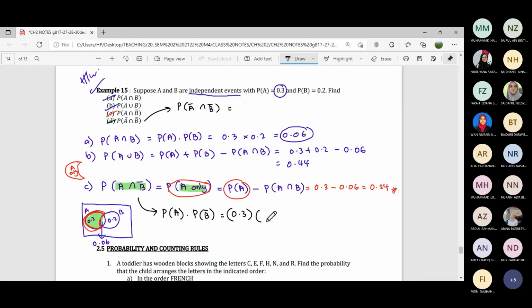P(B bar) 0.8. So jawapan sama 0.24. Yang ni kalau tanpa melukis Venn diagram, sebab dia dah cakap independent. Independent ni kita ambil P(A bar) darabkan dengan P(B bar). Independent senang. 0.7 darabkan dengan 0.8. Okay.